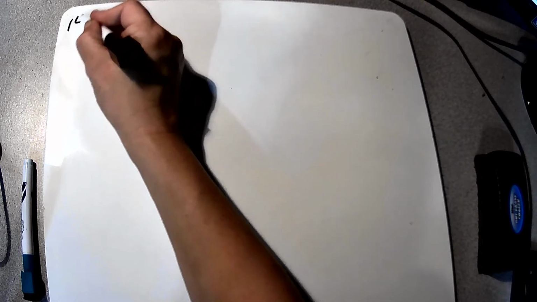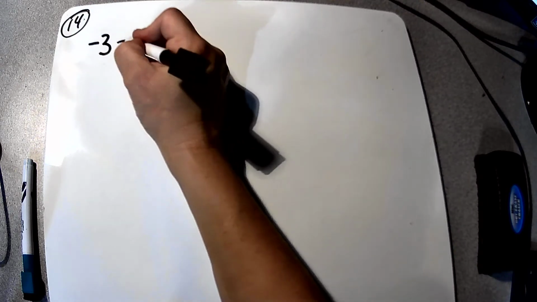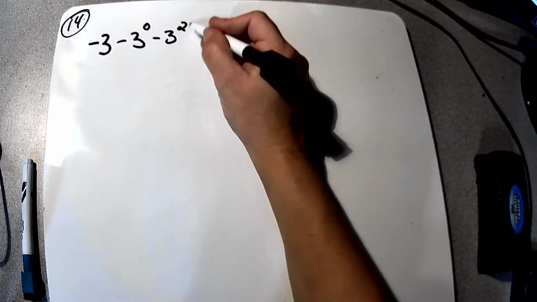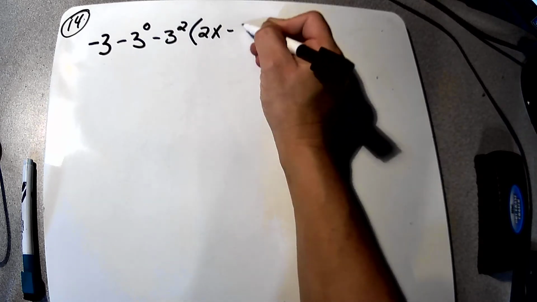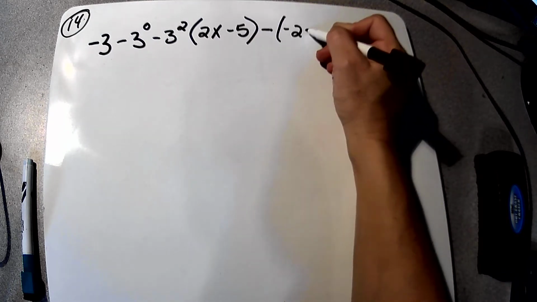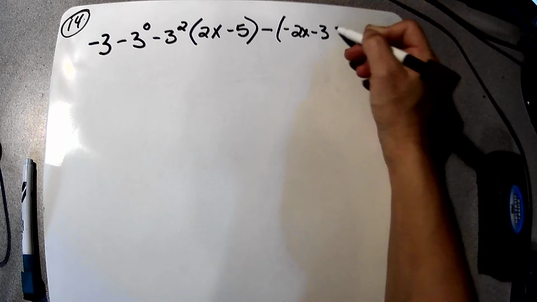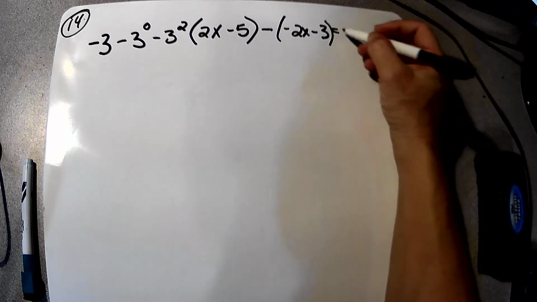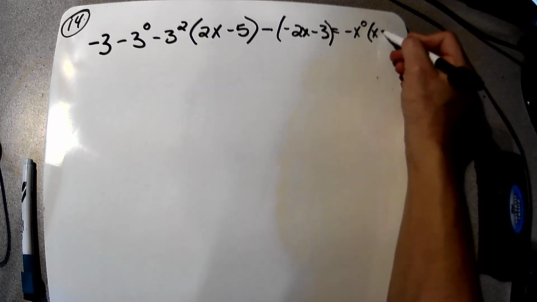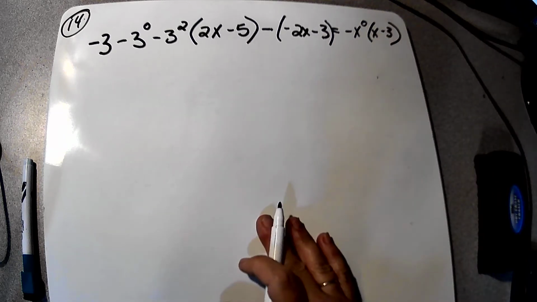Alright, this is number 14. Negative 3 minus 3 to the 0 minus 3 squared times 2x minus 5 minus negative 2x minus 3 equals negative x to the 0 times x minus 3. That's a long one.